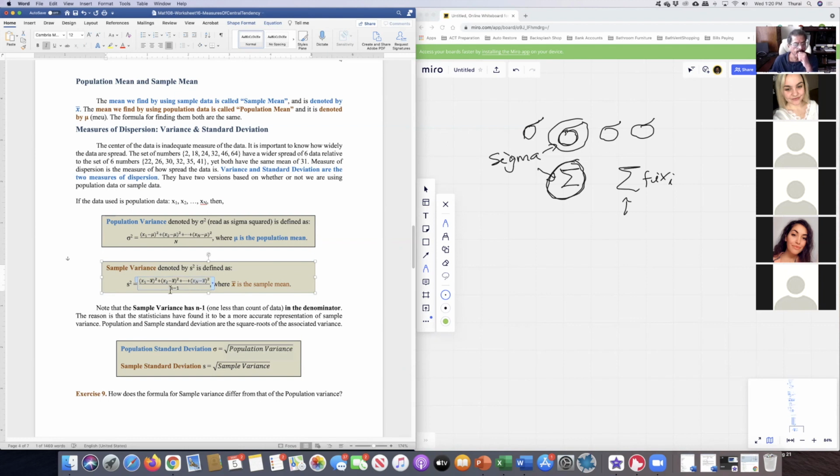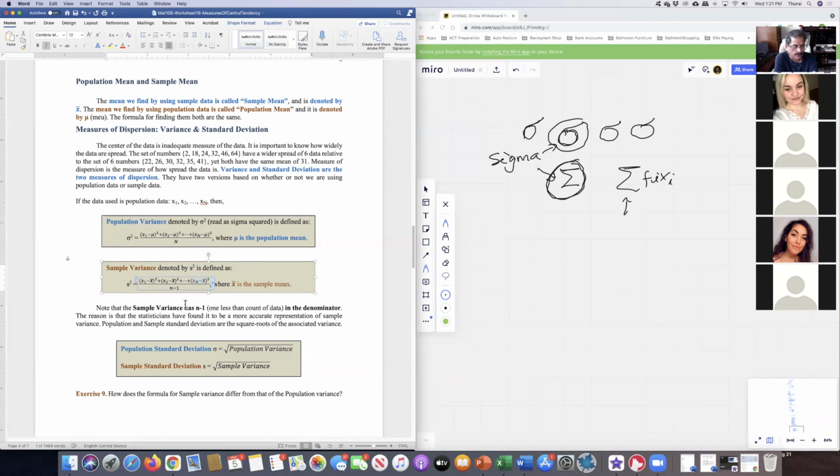The sum of those squares will be divided by n minus 1 in the case of sample variance. So that's one thing that's going to be a little bit of a problem for you to remember: if it is population variance, you divide by the entire count. If it is sample variance, you divide by one less.